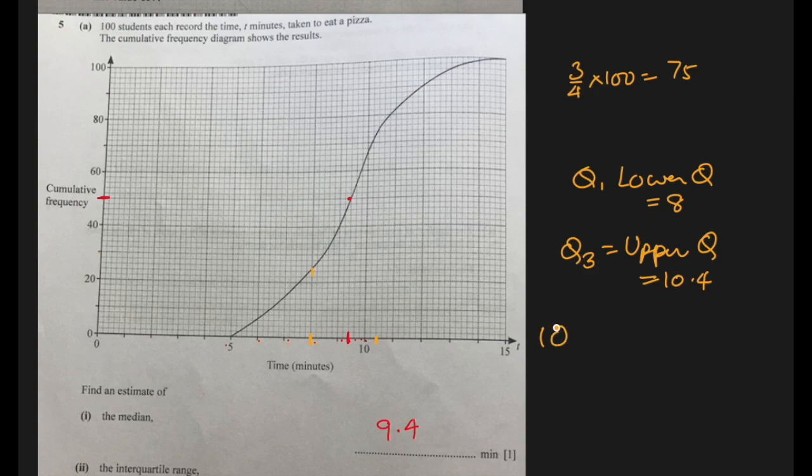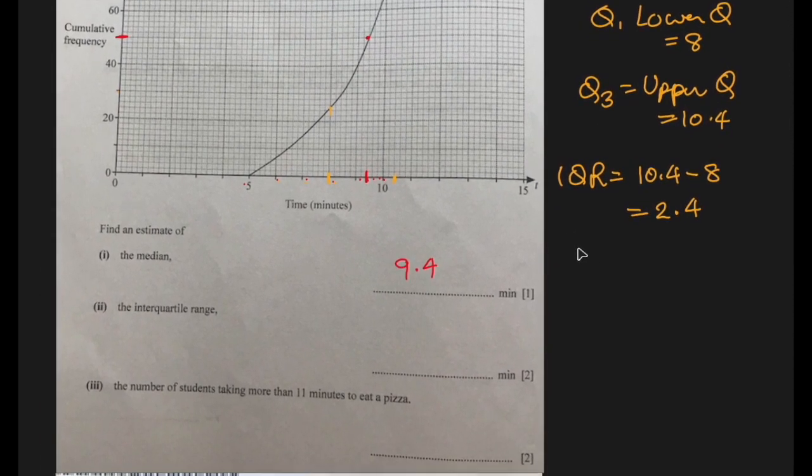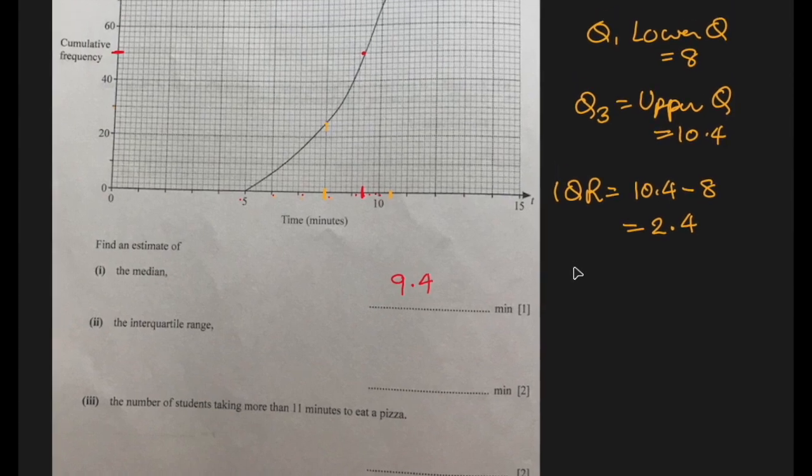So the interquartile range is 10.4 minus 8, which is 2.4.